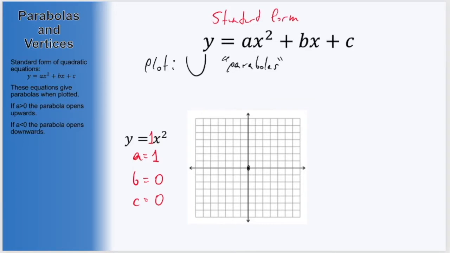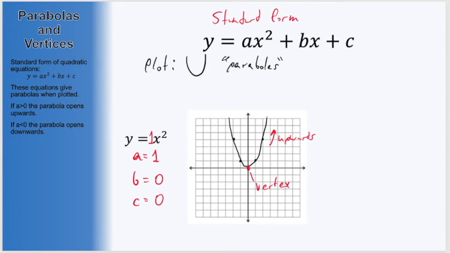You can go through and plot some points on your own, but we will see the general shape of this parabola from x squared looks like this, where the bottom of this U-shape is located at the origin, and we call this lowest point the vertex. We also say the graph opens upwards.